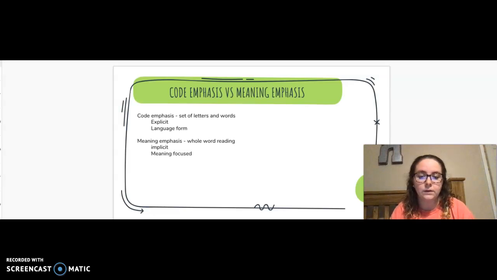And meaning emphasis, on the other hand, encourages the use of whole word reading, and that introduces a large variety of words that seemingly appear often in different types of text, regardless of the sound patterns. And some believe that code emphasis has a better impact on students, helping students read, rather than meaning emphasis, because the teacher takes their time to give them codes and adds to them as the students learn how to read, rather than throwing a lot of words at them at once and expecting them to know how to read.